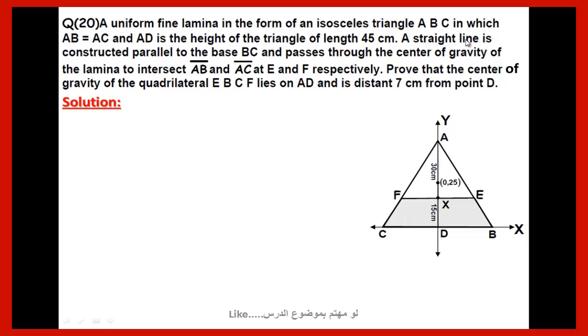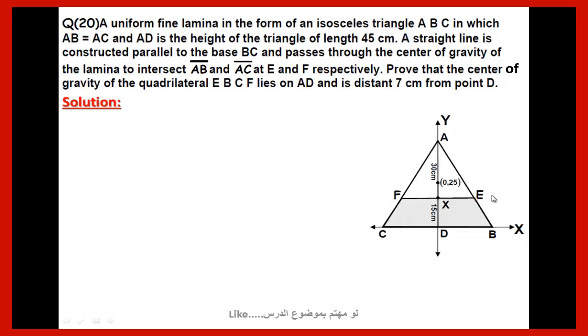A straight line is constructed parallel to the base BC. We have here a straight line EF drawn parallel to BC and passing through the center of gravity of the lamina.